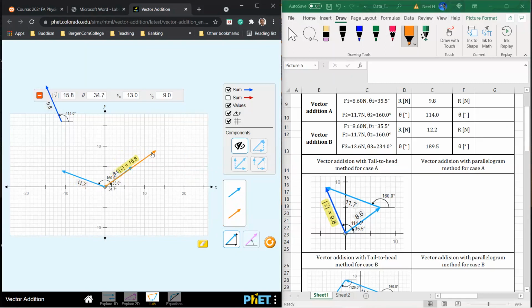Then I'm going to move that to the end of here. That is a line parallel to F1, okay? Then make another one, which I need to make sure is parallel to the second vector F2. Then I'm going to move that also to the end of the first vector F1. Now I have a parallelogram, okay?